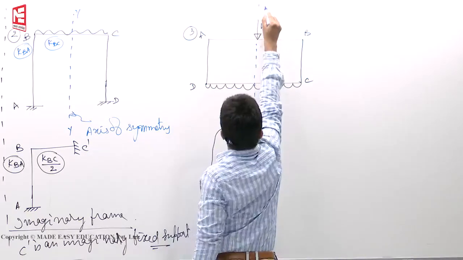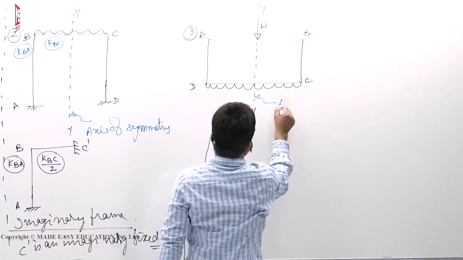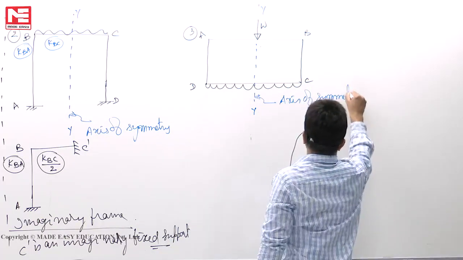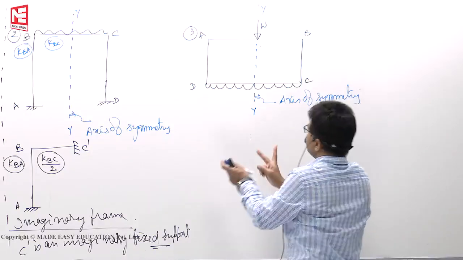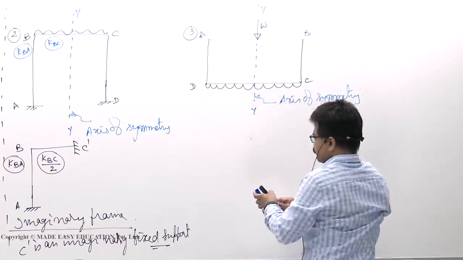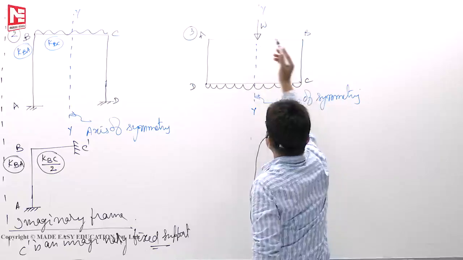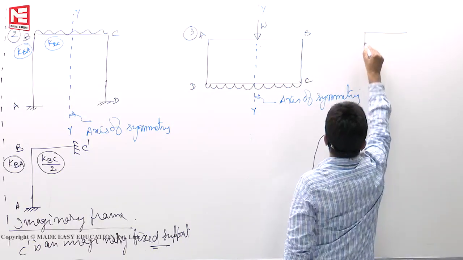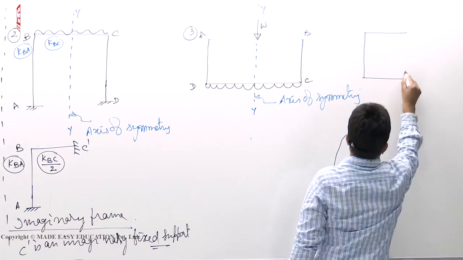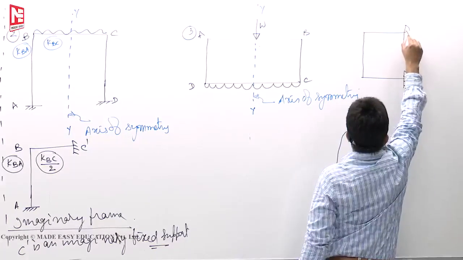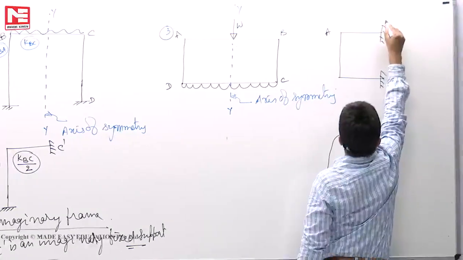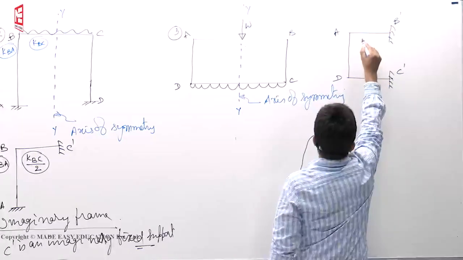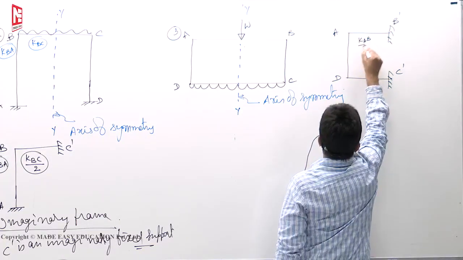This is say the y axis. This is your axis of symmetry. So what we do is we'll cut here, take only this much. Because of this reason, you will take only half the frame like this. This point say A, B dash, D, C dash. This AB is KAB by 2.